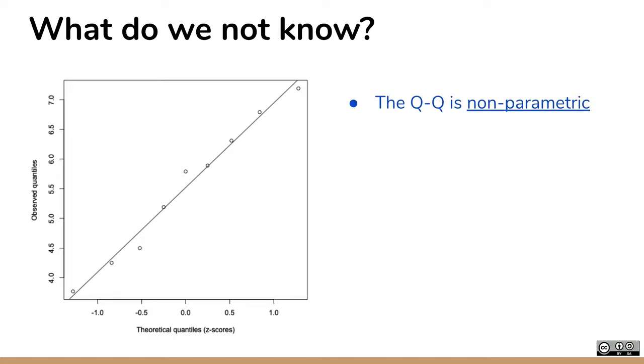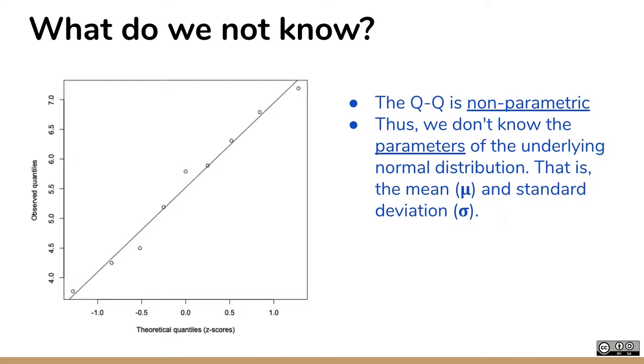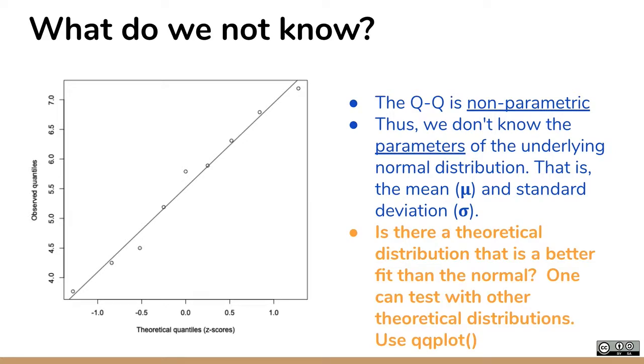The consequence is we have no idea what the exact best mean and best standard deviation are that would fit our data. It's just telling us, yes, it is or is not well modeled by a given distribution. In this case, if it's comparing to a normal, we wouldn't know the mean or the standard deviation. If we were comparing to a t-distribution, we would know the parameters that go into the t-distribution.